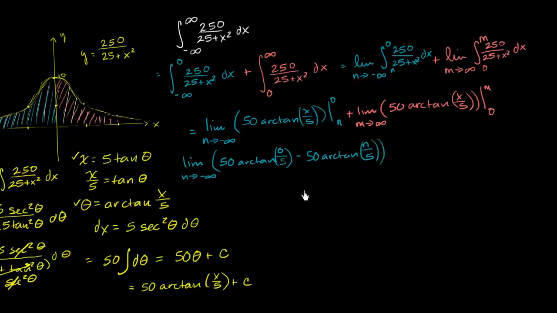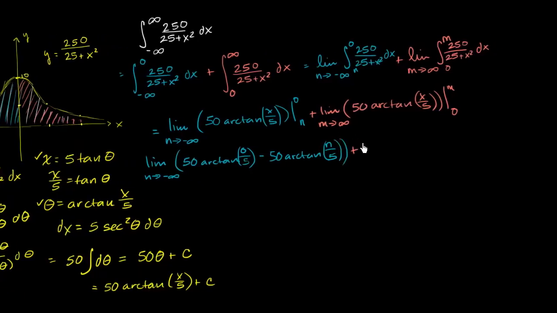And then to that, we're going to add the limit as m approaches infinity of 50 arctan of m over 5 minus 50 arctan of 0 over 5. I think you see where all this is going. So now we can evaluate these things.